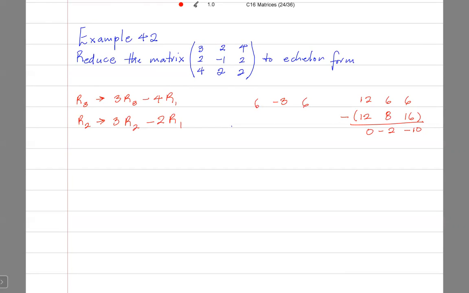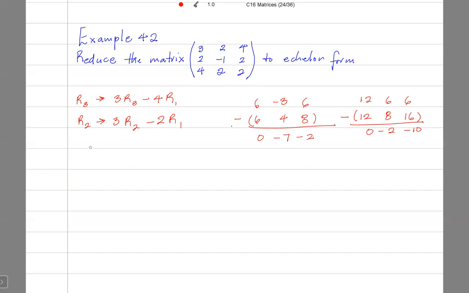And 2 times row 1 is 2 3s 6, 2 2s 4, 2 4s 8. And I'm going to subtract. When I do, I'm going to end up with 0, minus 7, minus 2.